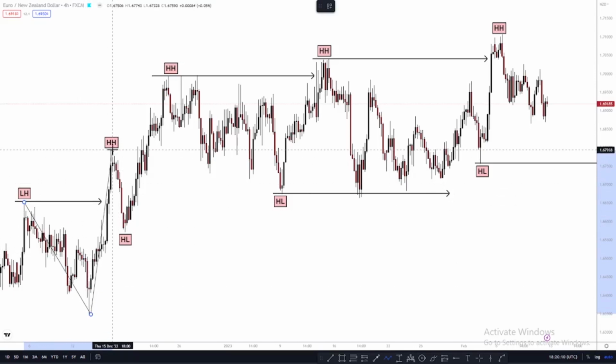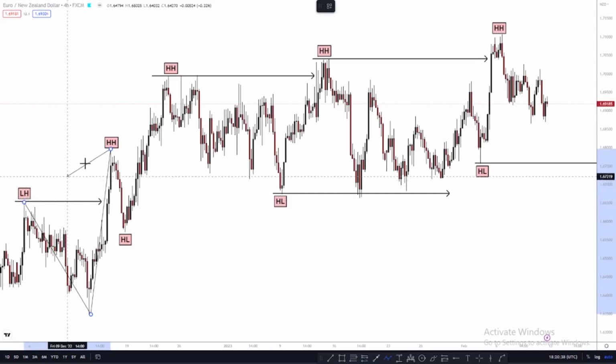It went back up to create a new higher high. At this point, we can see price has changed from bearish to bullish. Why? Because it created a new higher high. You get me? Why is this a higher high? Because this high is higher than that high.